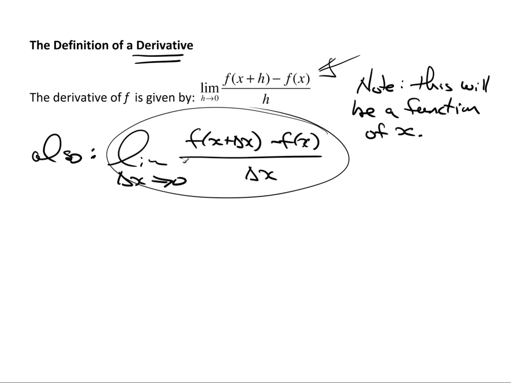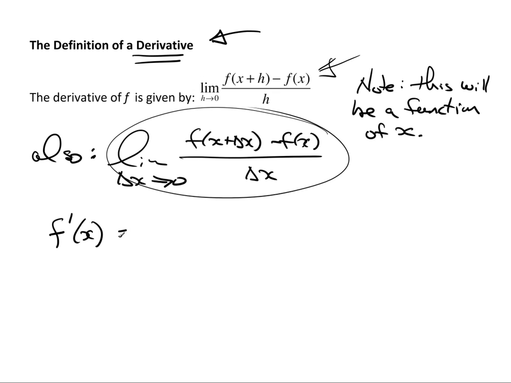Now, there are other notations. Well, actually, let's talk about the notations because this is the limit process. But how do we denote the derivative? I don't want to write all of this every time I want a derivative. So, one of the notations, probably the most common, is f prime of x. This prime says you have a derivative.